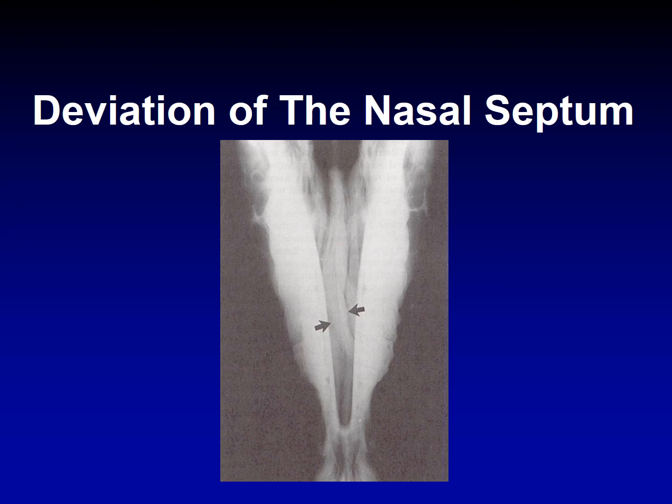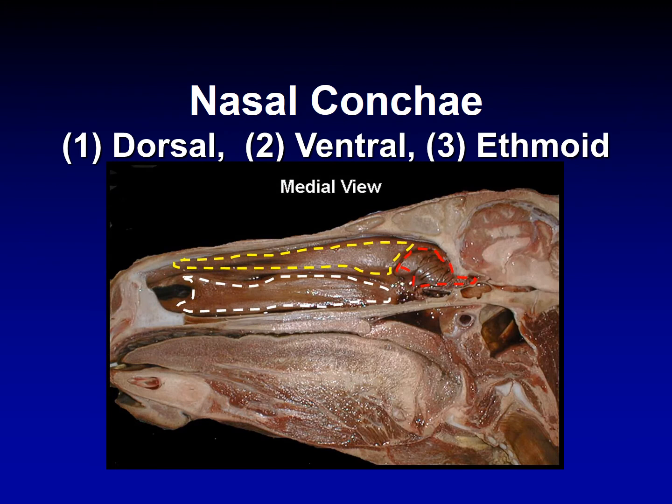Now, when we take that nasal septum out, when we remove it, we will find what we call the conchas. This picture shows the three different nasal conchas in the nasal cavity. We have the dorsal, which is the yellow lines.